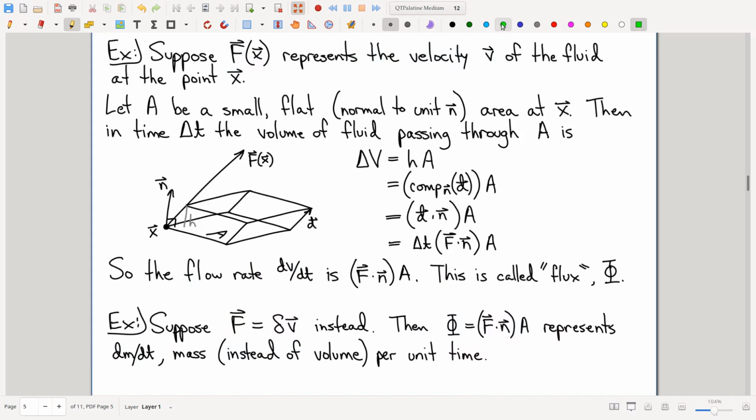We need to start off by looking at not volume, but mass per unit time. So we're going to calculate not the volume of fluid in there, but the amount of mass of fluid in there, which just means we're going to have to put in an extra factor of delta. Volume times density gives us that mass that we need, and then that delta carries through.